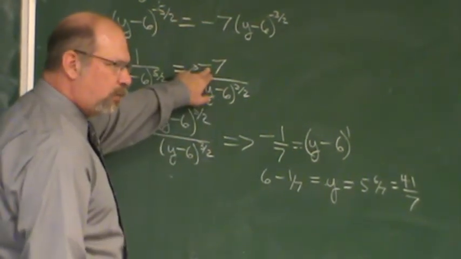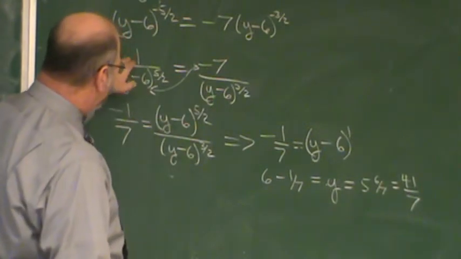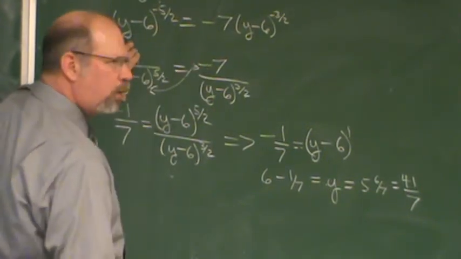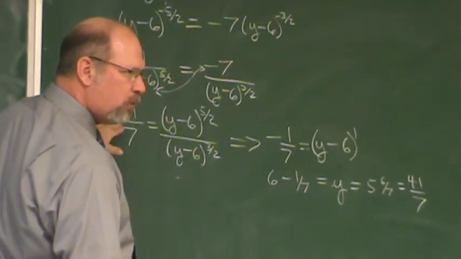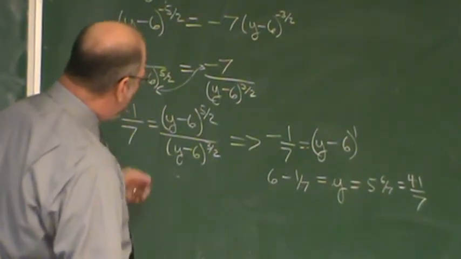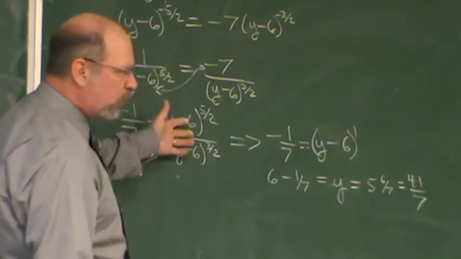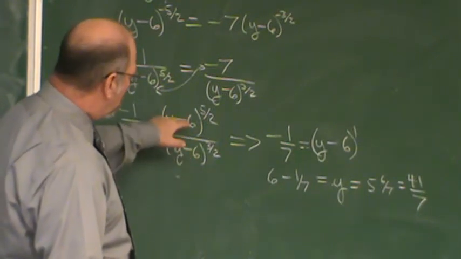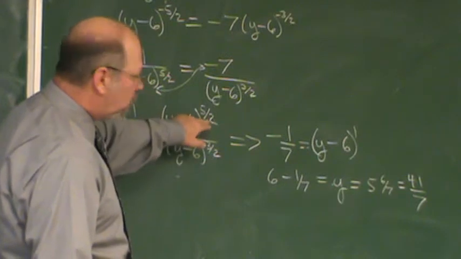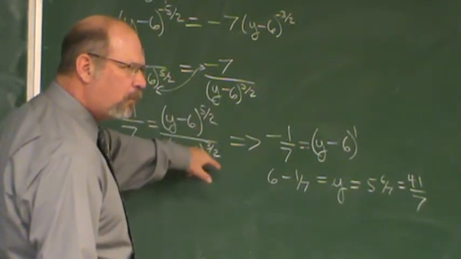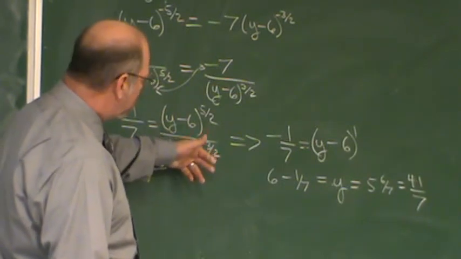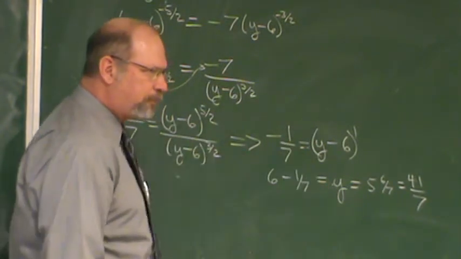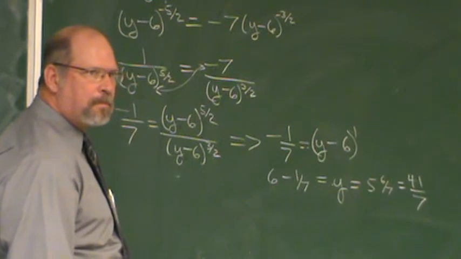This -7 goes down here, so when I take this up here, I get 1. And then I get 1 divided by -7 gives me -1/7. So, I have -1/7 equals this, yes? Now, I have the same thing over the same thing, you subtract the exponents, right? 5/2 minus 3/2, 2 over 2, which is 1.